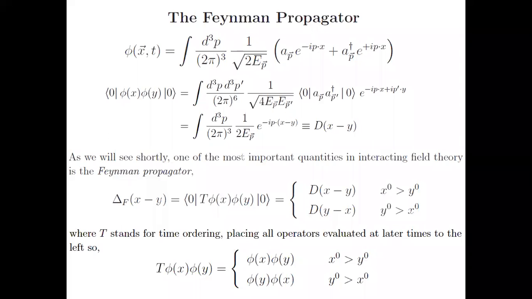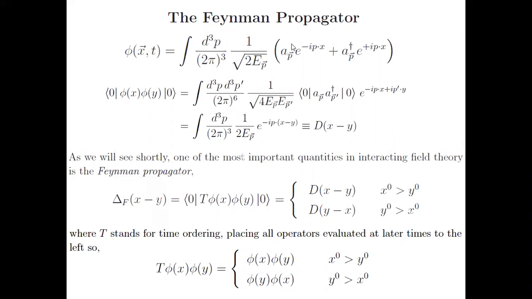This equation has a simple solution in the form of a Fourier exponential term, e to the power minus ipx and e to the power plus ipx. So the most general solution can be written in this form. Now since we are talking about quantum fields, phi must be promoted to an operator.